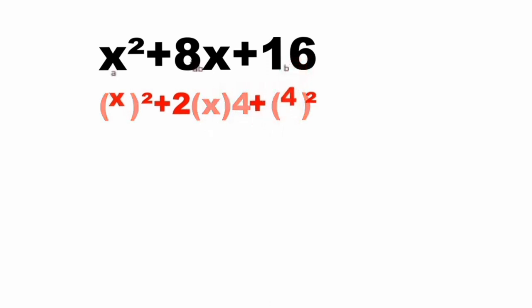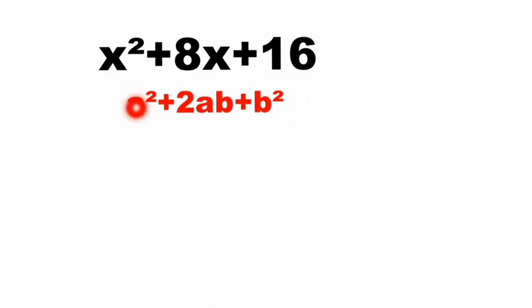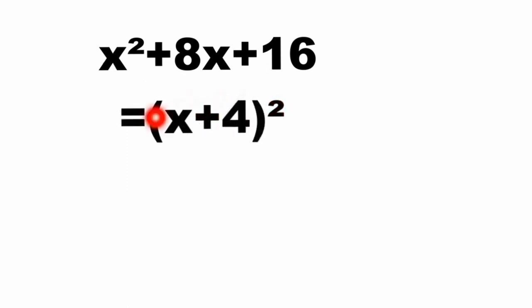So this follows the form of a squared plus 2ab plus b squared. So the factor for this is the quantity x plus 4, squared. x is from x squared and 4 is the square root of 16. And 8 is twice the product of x and 4: 4x, twice, is 8x.